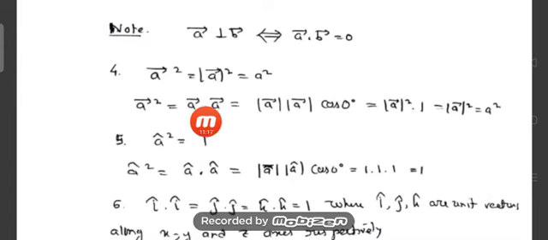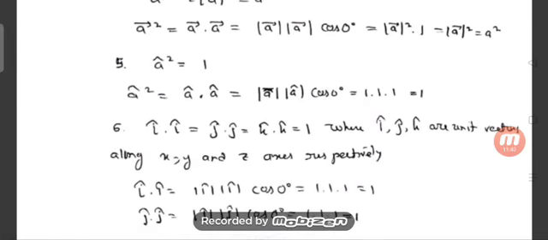If these two are the same vectors, then the angle between them will obviously be 0 degree. And we know cos 0 is equal to 1. So we have got modulus A bar whole square. And we know modulus A bar can be written as A also. So it will be equal to A square. That's what we have seen here. The square of a vector leads to a scalar quantity.